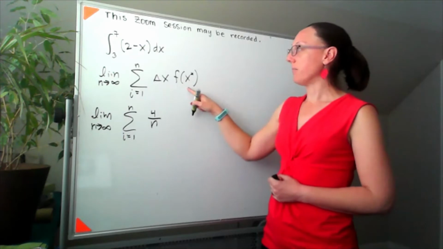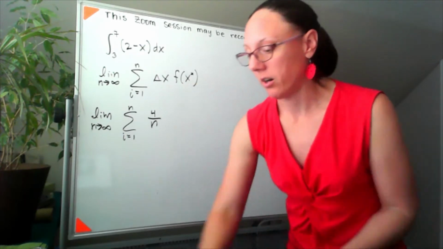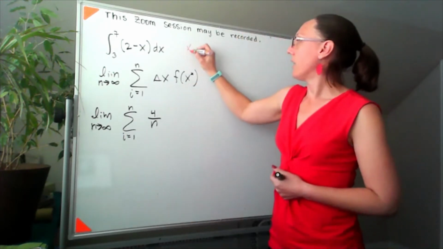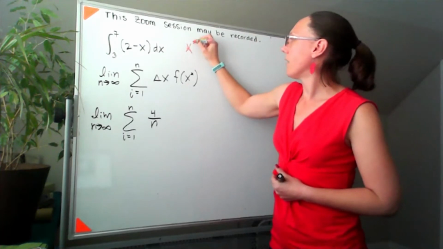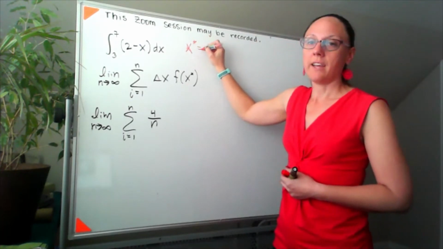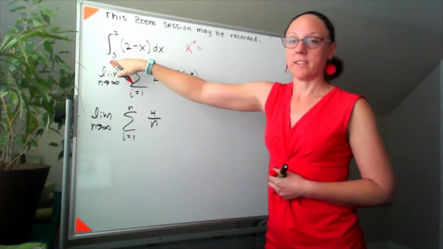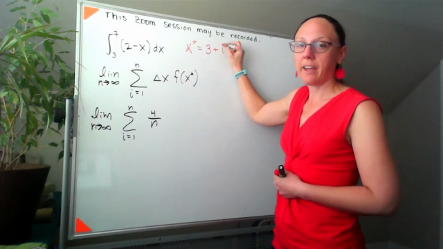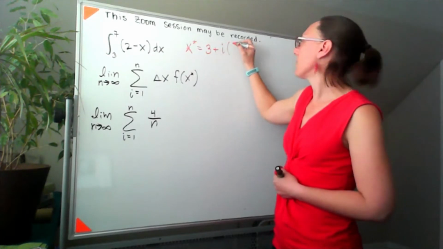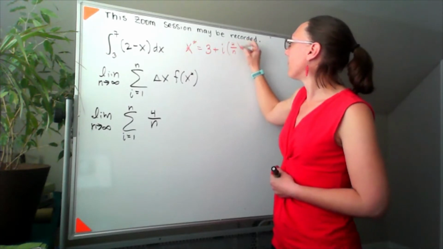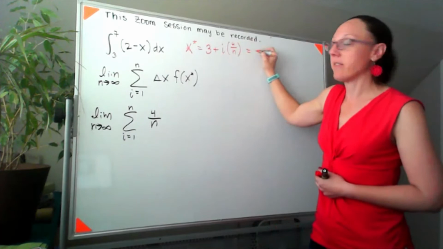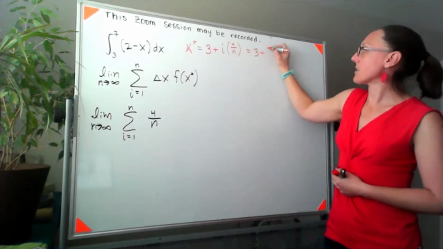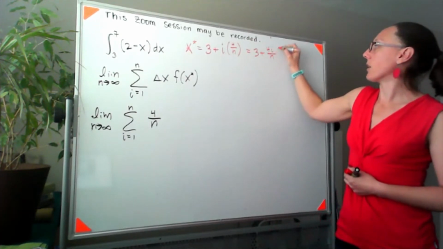If I'm thinking about x star, x star is going to be wherever we started, so in this case 3, plus i times delta x. Or I could write that as 3 plus 4i over n.